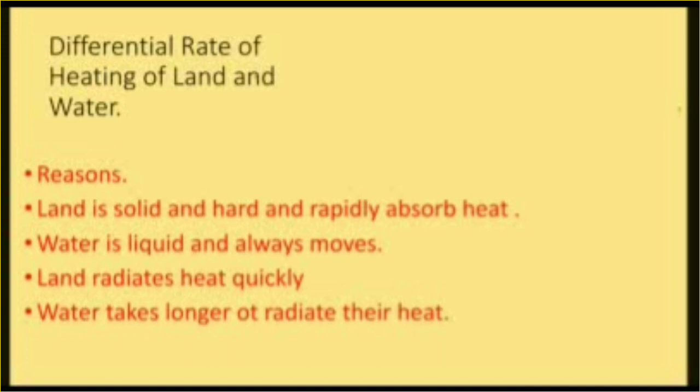As the land absorbs the heat quickly, in the same way it releases the heat also. But water takes time to release that heat, because it remains in a cooler condition as compared to land. So temperature contrasts are great over land masses. They are only moderate over sea and ocean.